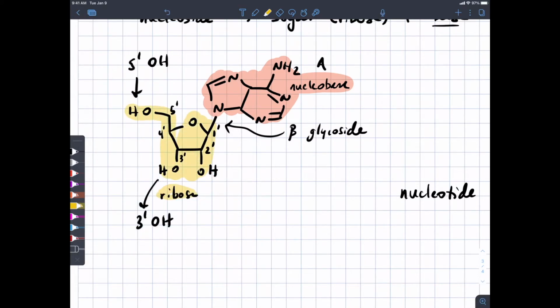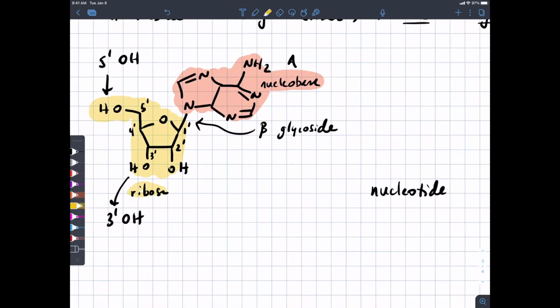All right, so if it's ribose, this is just a regular nucleoside. If it's got adenine, you're going to combine adenine plus ribose, and you're going to call it adenosine. And we're going to call this a nucleoside.